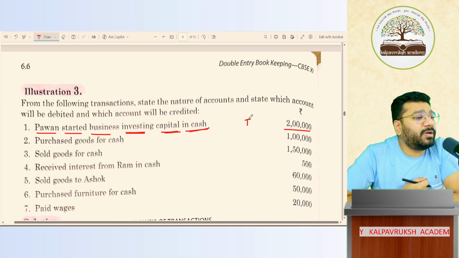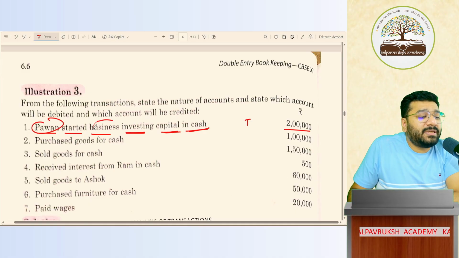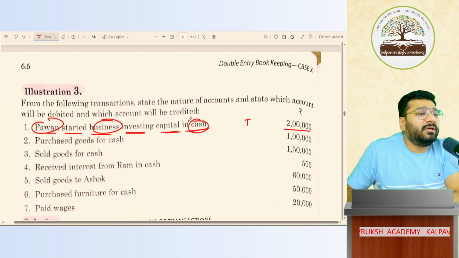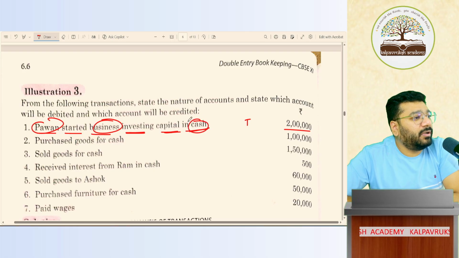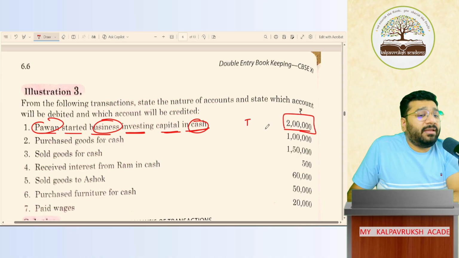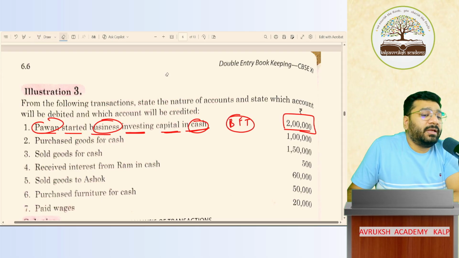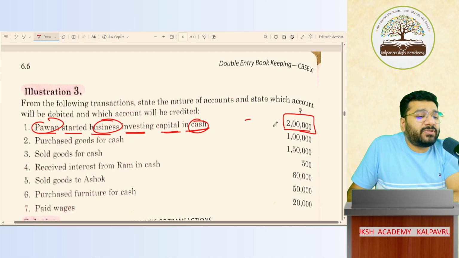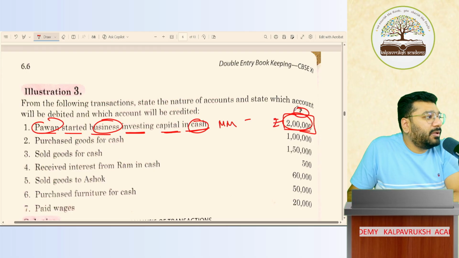It's a transaction because it is happening between Pavan and the business, which involves transfer of cash. Money is involved and this is happening in the course of business. It's a BFT. The second condition is measurement in terms of money. 2 lakh rupees, INR. Money measurement is also done.